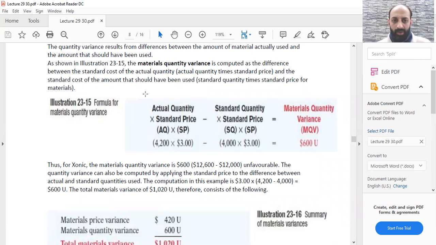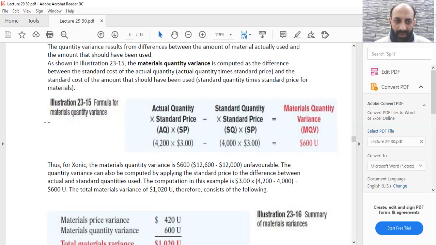Now we will try to disintegrate this formula. Remember, we are calculating the formula for materials quantity variance. So what are we trying to calculate? We are trying to calculate the material quantity variance. Material quantity variance means in what quantity, how much raw material was used.